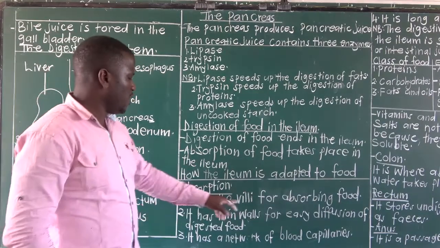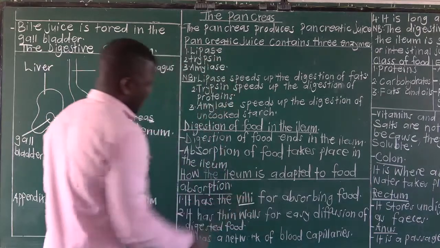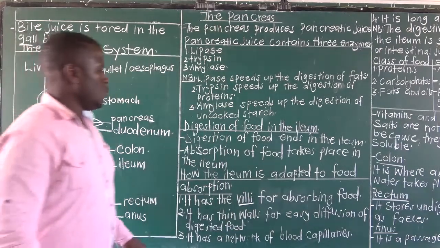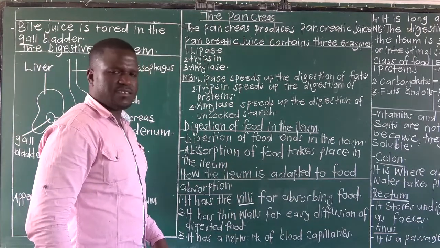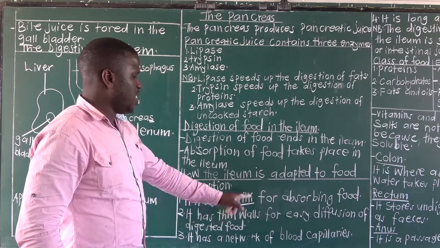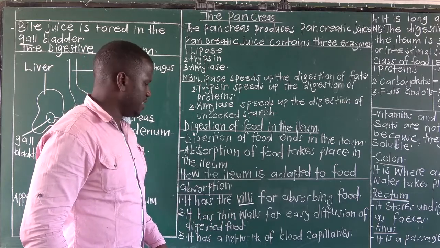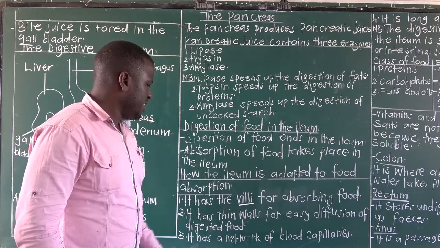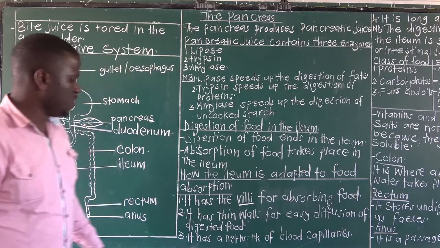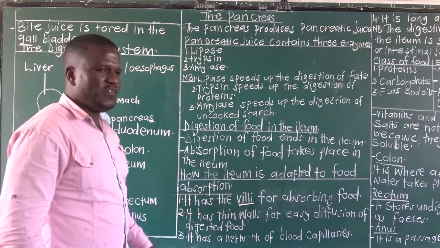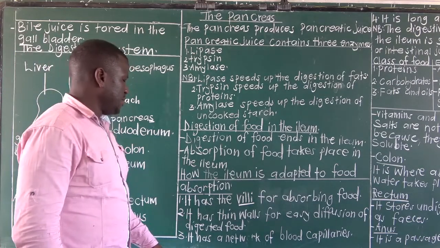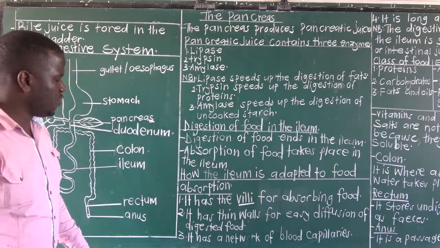It has what's called villi, which help in absorbing digested food. Then it has thin walls for easy diffusion of digested food from the ileum to the bloodstream.